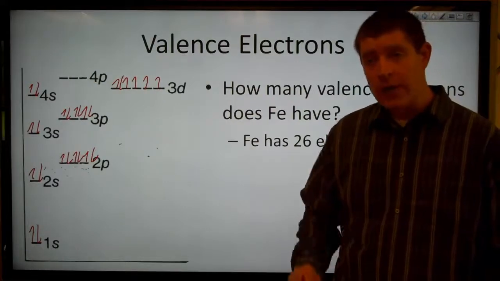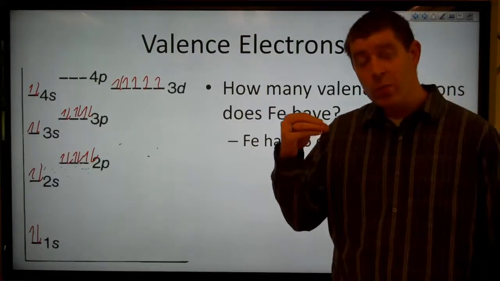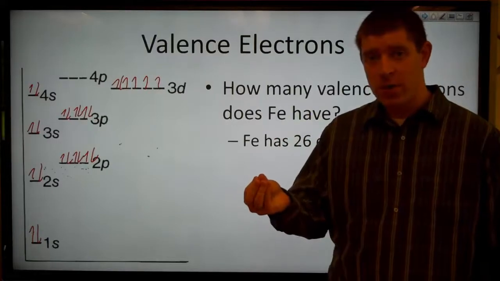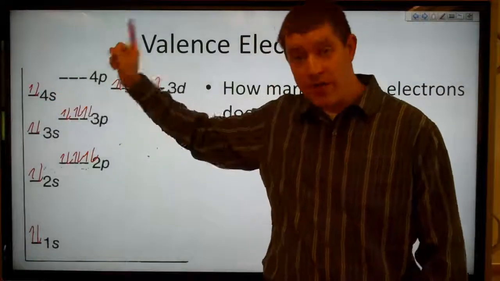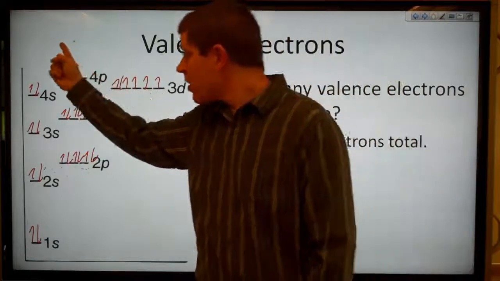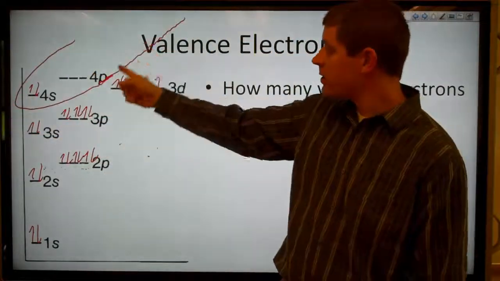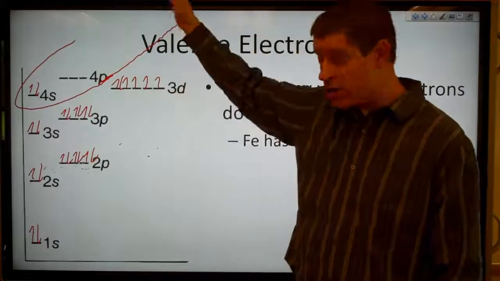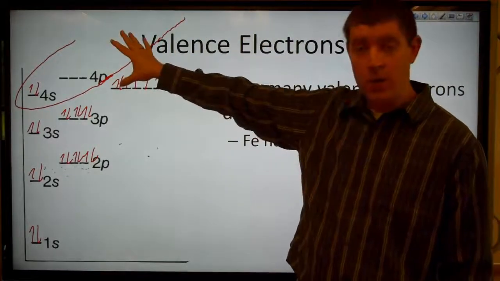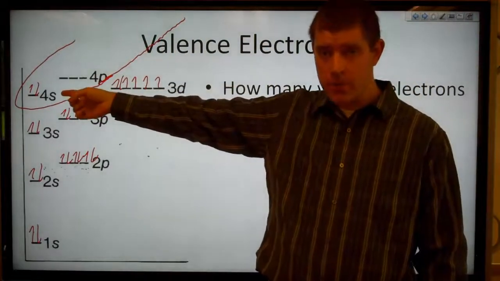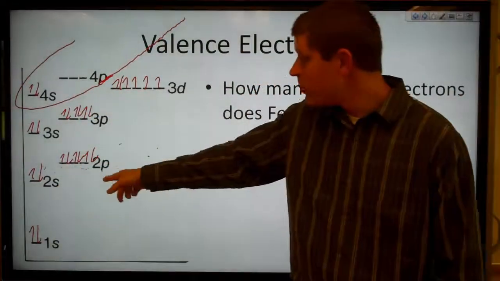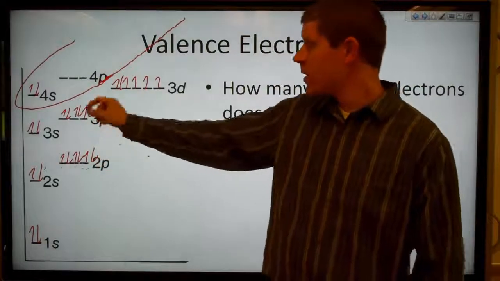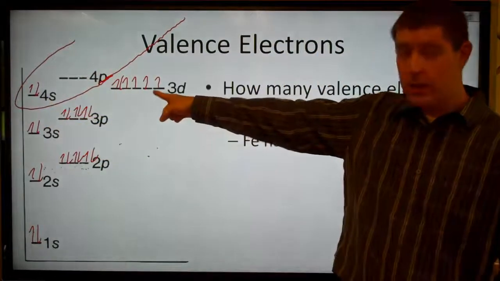Because again, remember, it's the outermost occupied principal energy level. So we have electrons in the 4th energy level. So that 4th energy level, that's our valence shell. So those electrons in the 4s, the 4p, the 4d, and the 4f, which aren't pictured here, those ones count. We only have 2 electrons there. And again, if we write out the electron configuration here, we have 1s2, 2s2, 2p6, 3s2, 3p6, 4s2, 3d6.